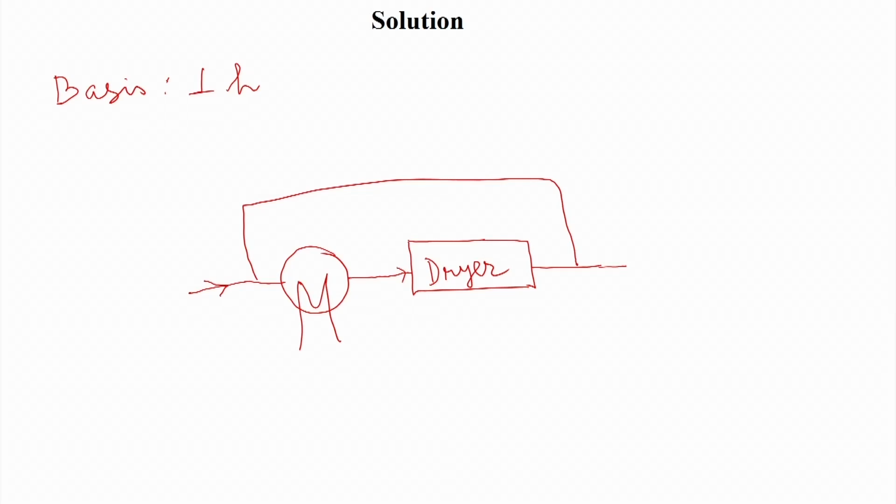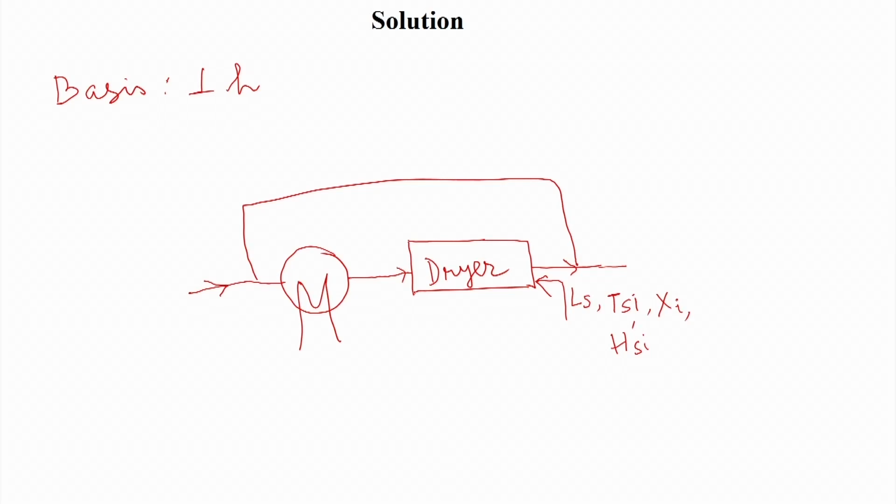The solid is entering from here, and we will take the flow rate of the solid as Ls, and the temperature of this solid as Ts1, we can also call it Tsi. Then the moisture content is Xi, and enthalpy is Hsi prime.